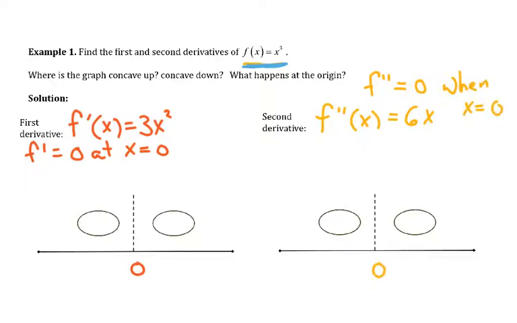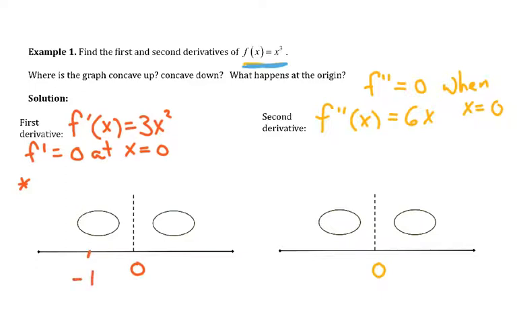So we are going to determine when the original function is increasing and decreasing, and look what happens at 0. And we'll do that by looking at the first derivative. So let's test the first derivative. Over here, I might pick negative 1.